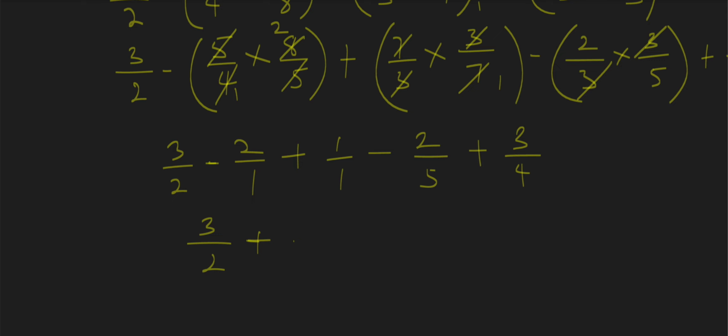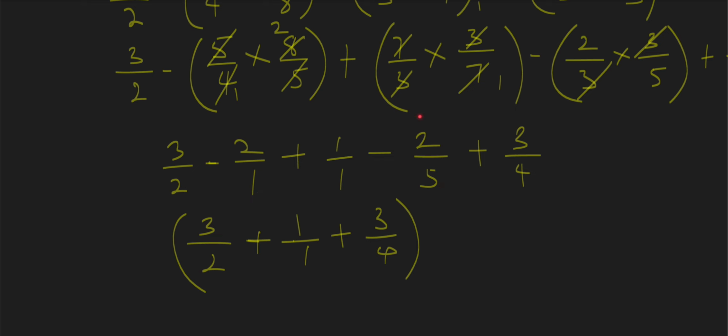Sorry, don't know how this is writing. Plus 1 over 1 plus 3 over 4. So I can put this in brackets. Then the negative values, I can see that this is negative, and this is also negative.